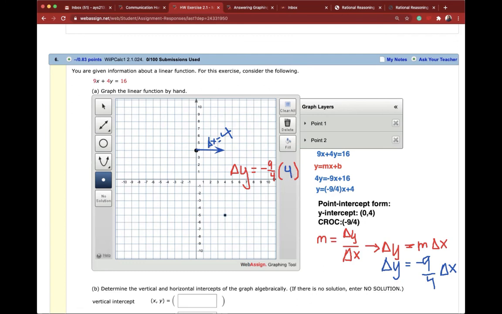Using your graphing calculator, see if you can do this before I do. What would be my answer?